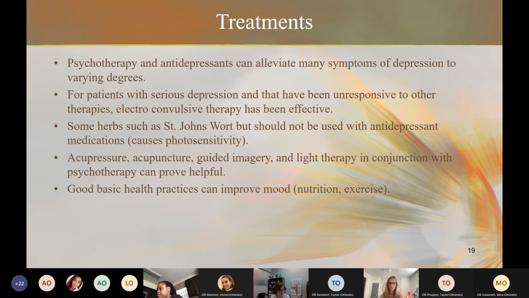But just a couple of things your book brought out about treatments. You can see here, sometimes medications can help if they do have depression, if they have developed those symptoms that we just spoke of. Electroconvulsive therapy.